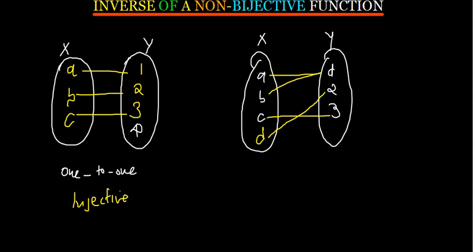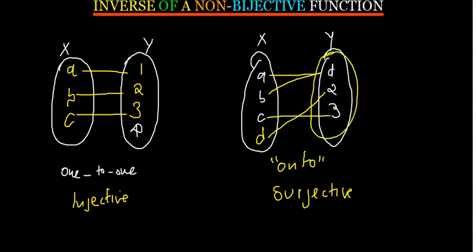Such a function is called an onto function. The other name for an onto function is a surjective function. If you hear a function is onto, just know that all the values in y are paired. It means there's no value which is not paired.